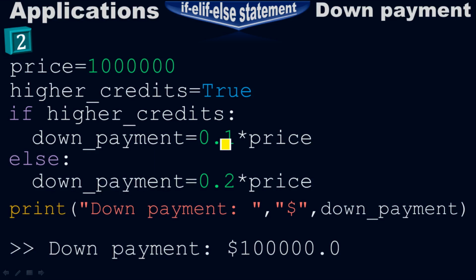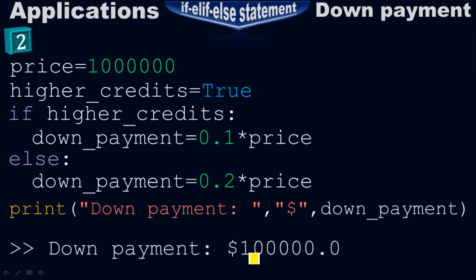Now we need to print the down payment. Down payment equals 0.1 times price. You need to take the product of 10% with the total price of the Lamborghini, which is $1 million. So 0.1 times $1 million will be $100,000.